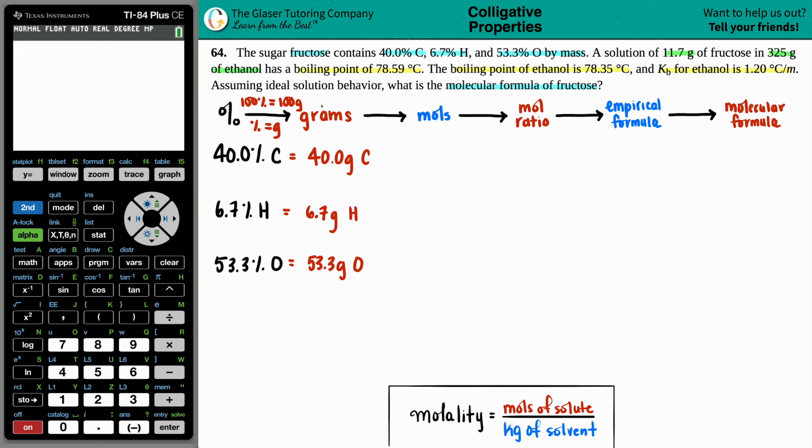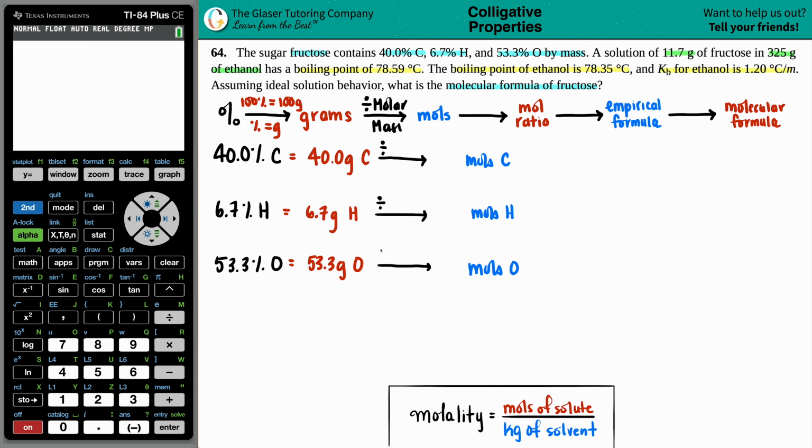Now we want to go from the grams to the moles. This is going all the way back to the beginning of stoichiometry. Grams to moles, you're always just going to divide by your molar mass, and the molar mass is found on the periodic table. So I can go from grams of each of these to moles of carbon, moles of hydrogen, and moles of oxygen by dividing each one by their molar mass.